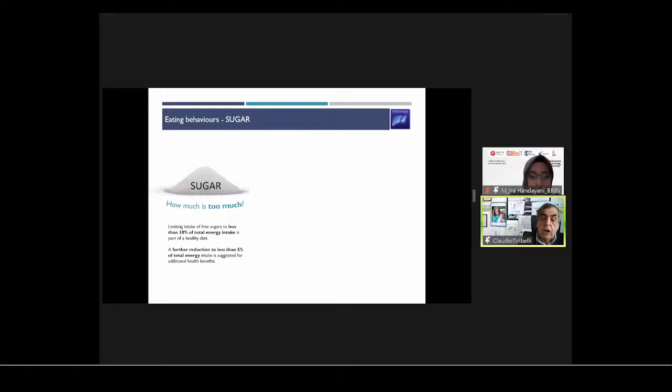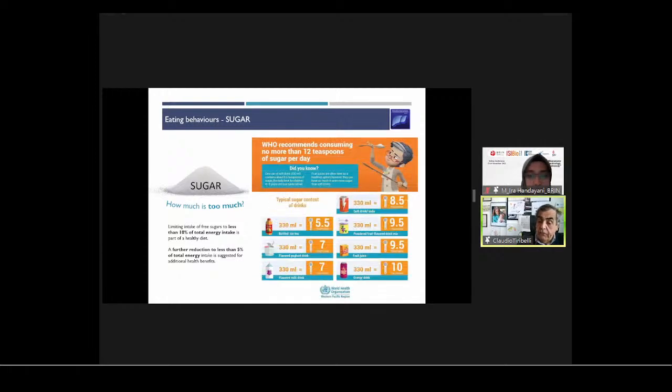And the question is how much is too much? We need to understand this because we are exposed to advertising. What we have here in the slide comes from the World Health Organization, telling us the content of teaspoons of sugar for each beverage.